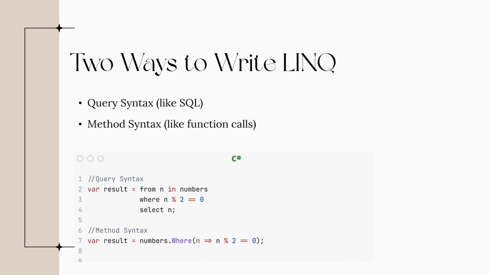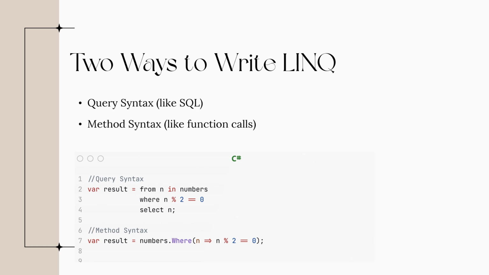And another one is because LINQ doesn't use raw SQL strings, it helps protect against common security issues like SQL injection. And LINQ is not just for databases. The same syntax works for querying collections, XML files, and even web services.